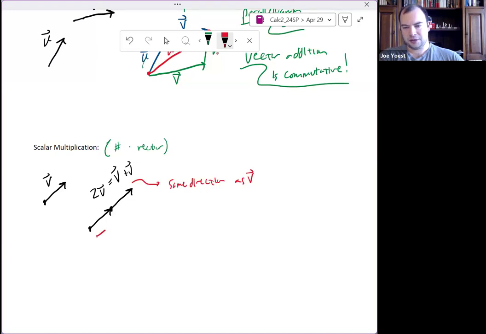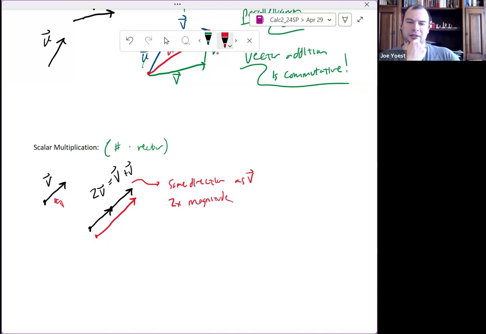This initial and terminal point is pointing in the same direction as V was pointing. But the magnitude has changed. It's twice as long. So I've doubled the magnitude. So 2V is a vector in the same direction as V, but double the magnitude. 3V or 4V or 10V should be the same idea, right? Same direction, 3 or 4 or 10 or whatever times the magnitude.